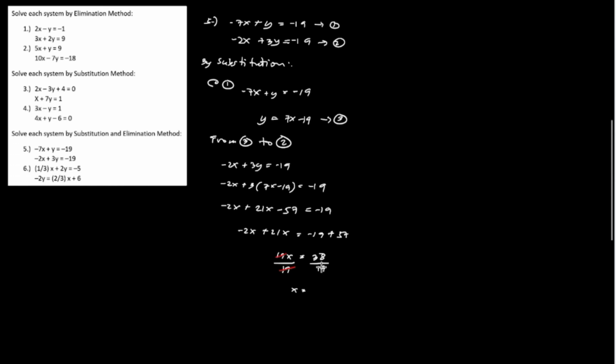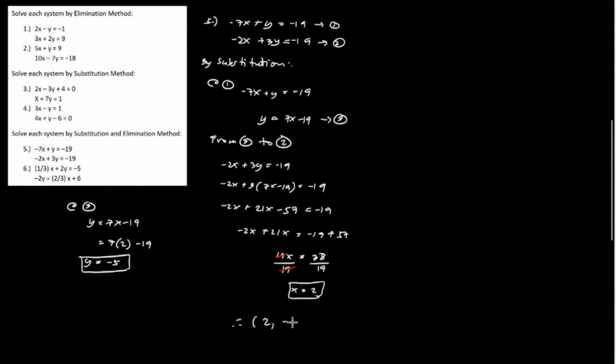X is equal to 38 over 19 is equal to 2. So therefore x is equal to 2. At equation 3, so copy y is equal to 7x minus 19. 7 times x, which is positive 2, minus 19, and y, 7 times 2 is 14, minus 19 is negative 5.